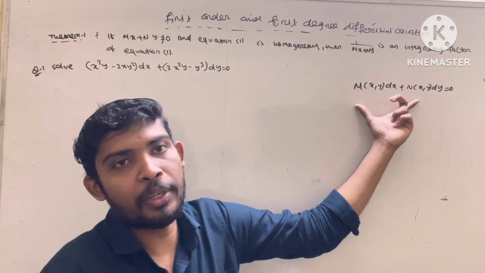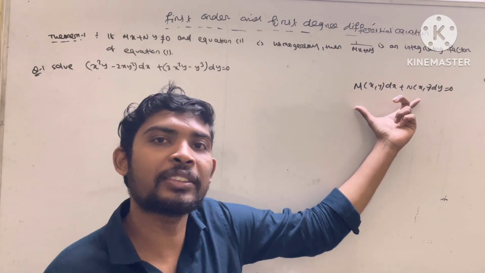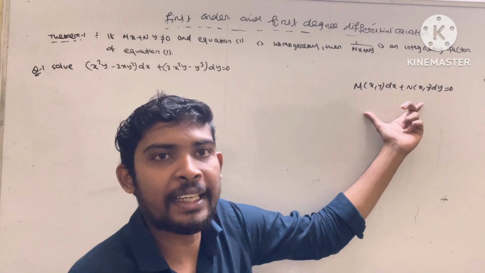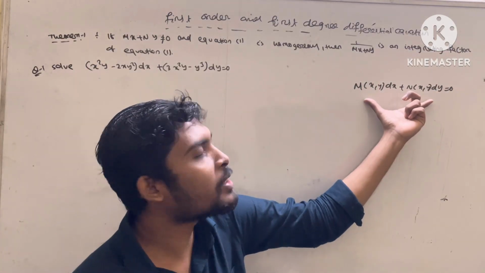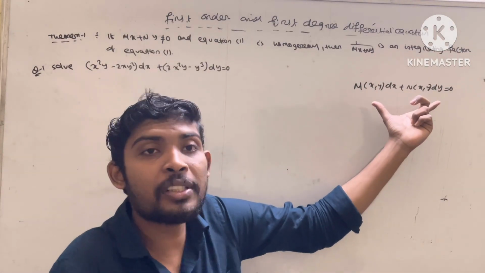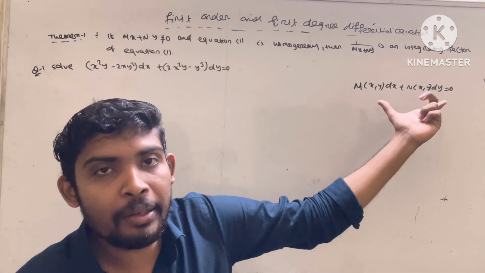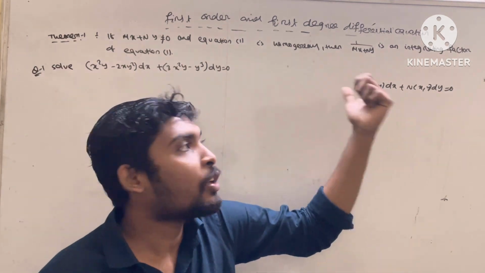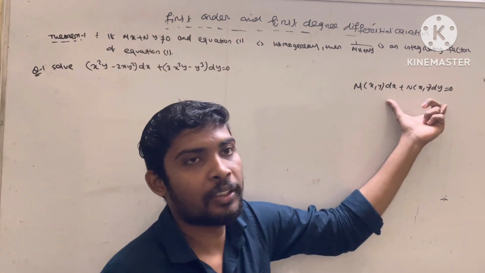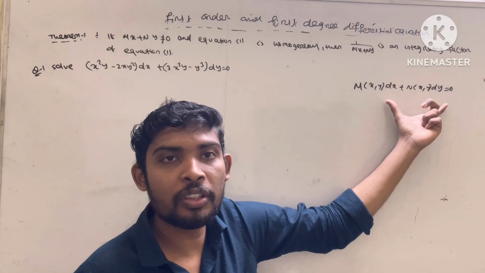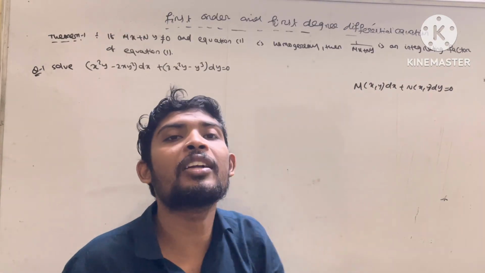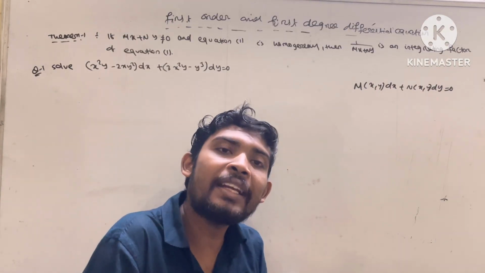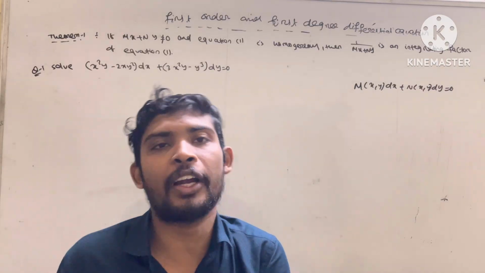If del M by del y is equal to del N by del x, then the differential equation is called exact. But if the given differential equation is not exact, that means if del M by del y is unequal to del N by del x, then the factor which, when multiplied on the left side of the differential equation, makes it an exact differential equation is called an integrating factor.